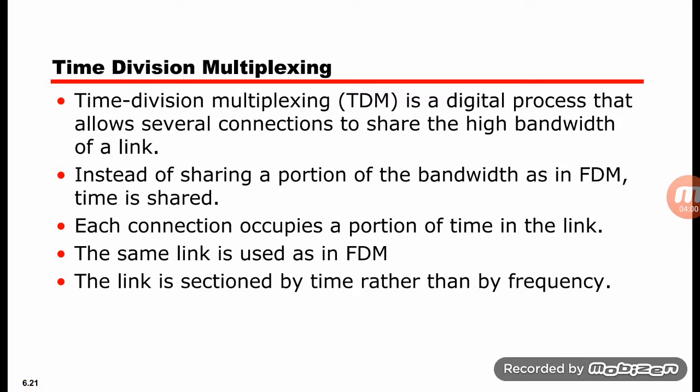Then this guy will have the whole bandwidth for 1 second. This guy will wait. Then the third guy will have the whole bandwidth for 1 second, and the others will wait. Then the fourth guy will have the whole bandwidth for 1 second, and these 3 will wait. And then again, first, second, third, fourth. This way you take turns. The same link is used as in FDM. The link is sectioned by time rather than by frequency.